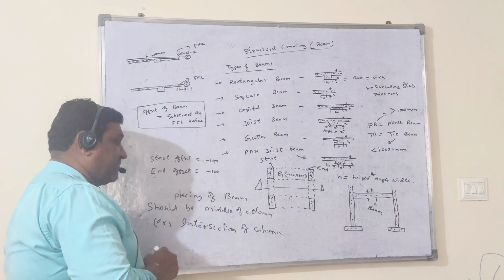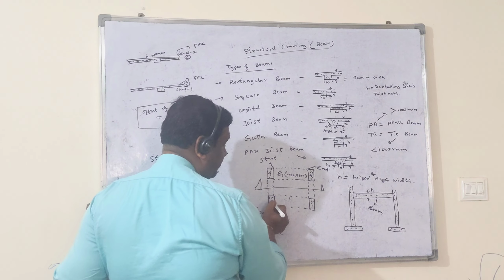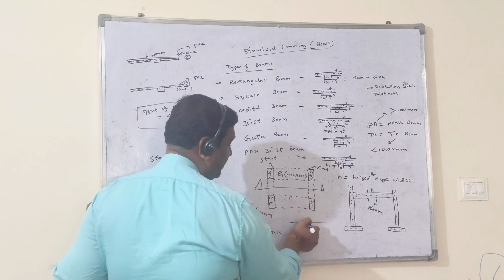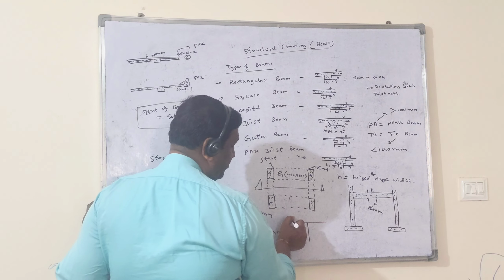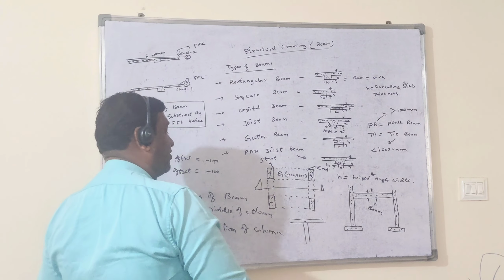When you are going to place the beam, always take the intersection point or the middle point. Any perpendicular point we call an intersection. If a beam is coming beam to beam, here also a beam is there, here also a beam, so this point we consider as the intersection point.